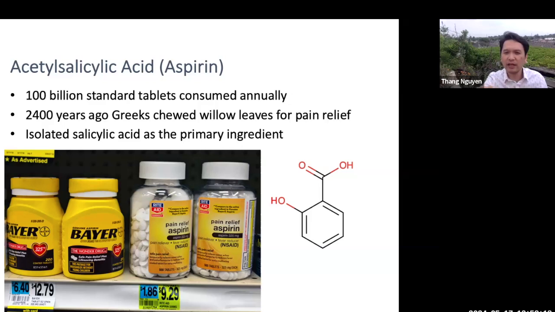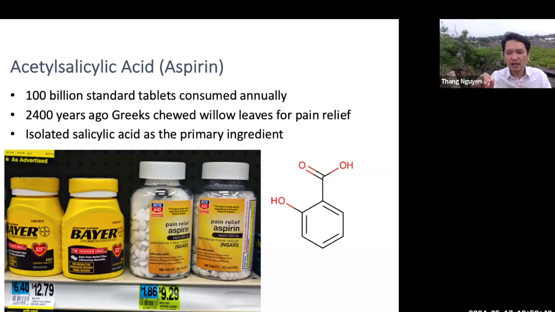In this molecule, at the center is the aromatic benzene ring. An offshoot of that is an alcohol group. An offshoot of another carbon there is, do you remember what functional group that was? That's the carboxylic acid group. So this molecule, salicylic acid, is called an acid because of that carboxylic acid group.